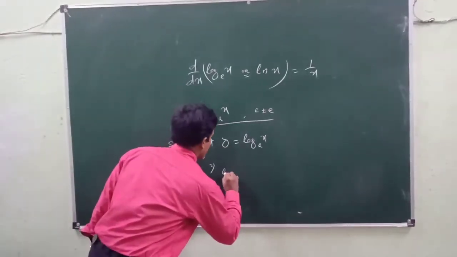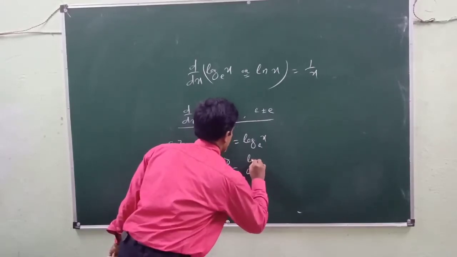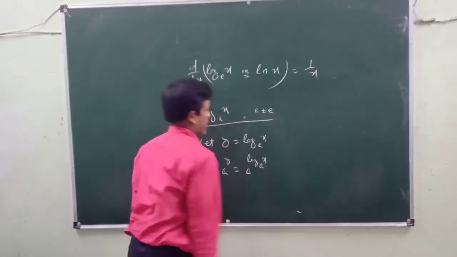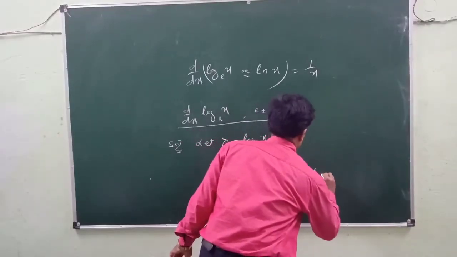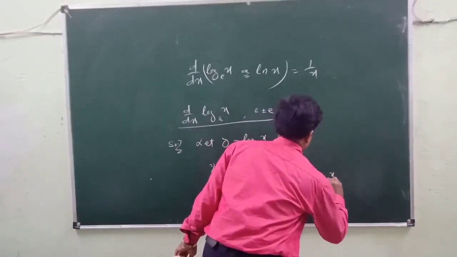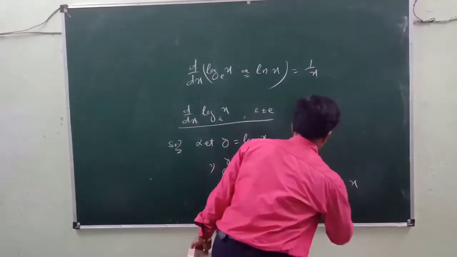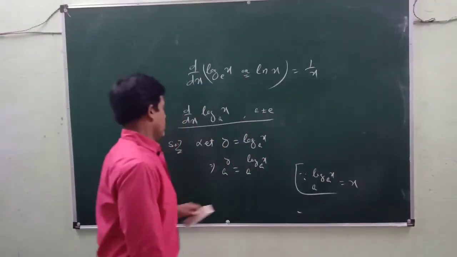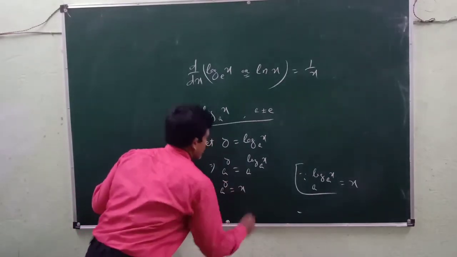Here it will be a to the power y equal to a to the power log x to the base a. You know that a to the power log x to the base a is the same as x. So it will be a to the power y equal to x.